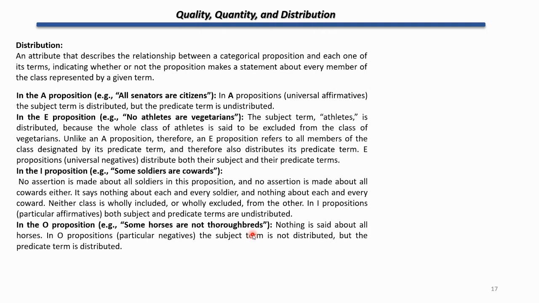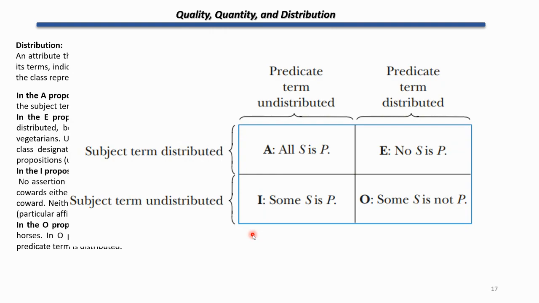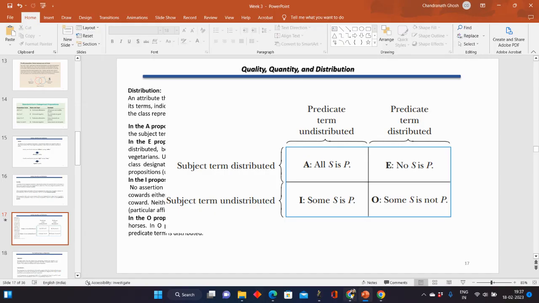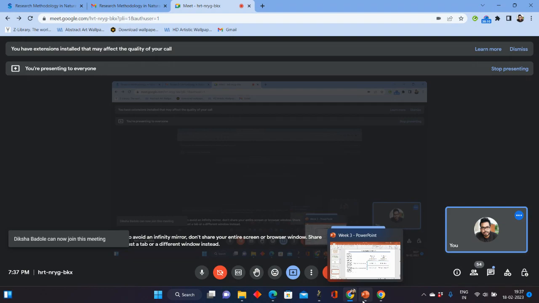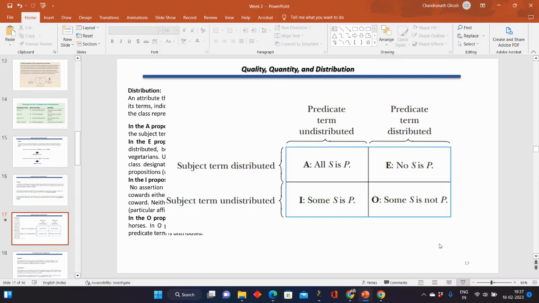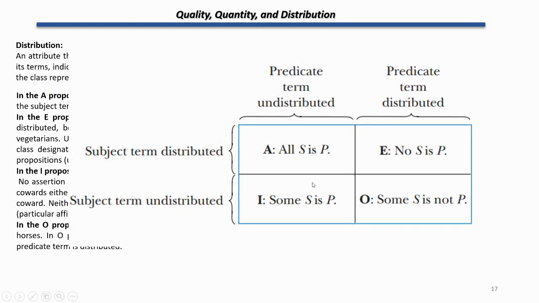So if we summarize here, you can see the columns and rows. These rows are talking about the subject term distributed and undistributed, where A and E are, and these columns are talking about the predicate term undistributed and distributed.